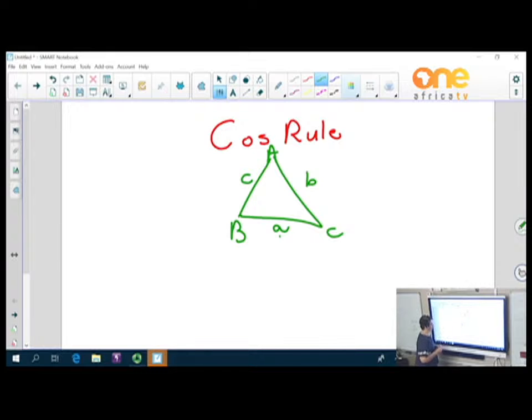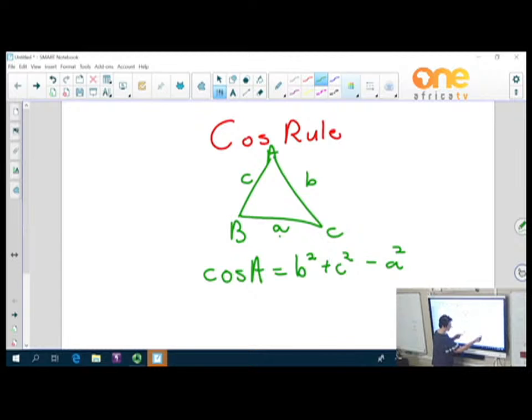calculate the angle. So let's say I want to find cosine A, then we're going to say B squared plus C squared minus A squared. Now this is the important thing, that the angle that you want to calculate, that is the side that you will subtract, over 2BC.